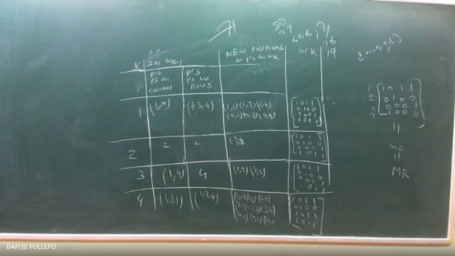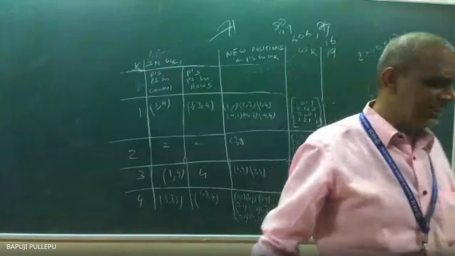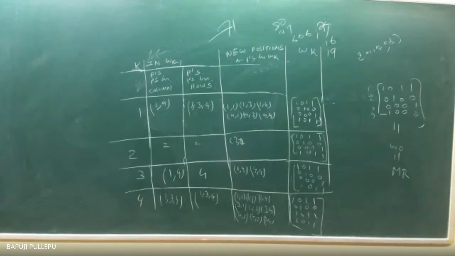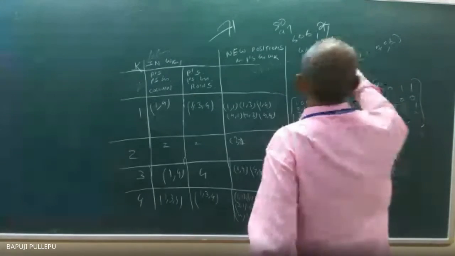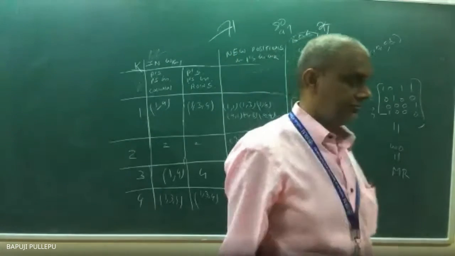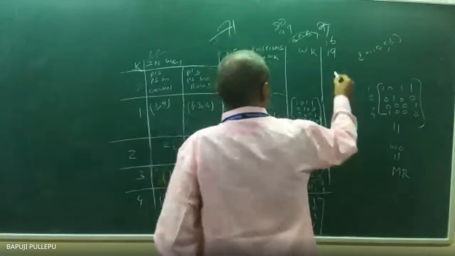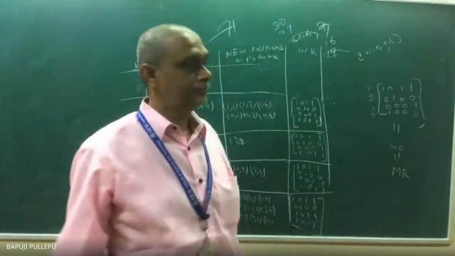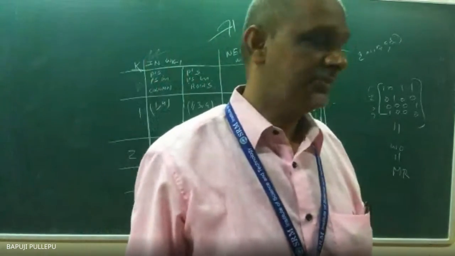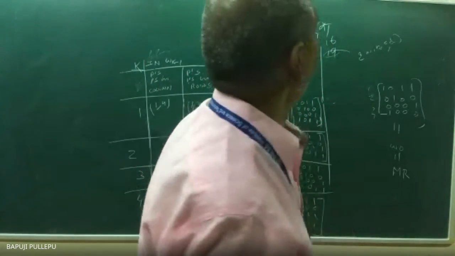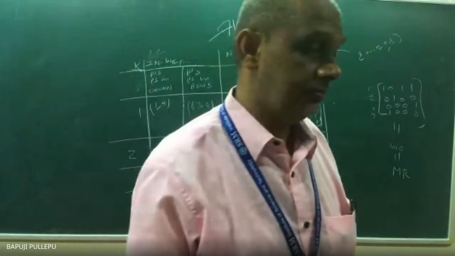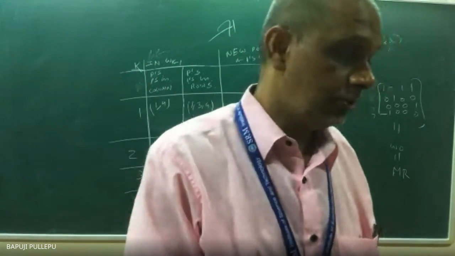What are you doing up to now? Sir, I replied to you, sir. 619 present, sir. Very good. Next. 616, 590, 597. Okay, bye.